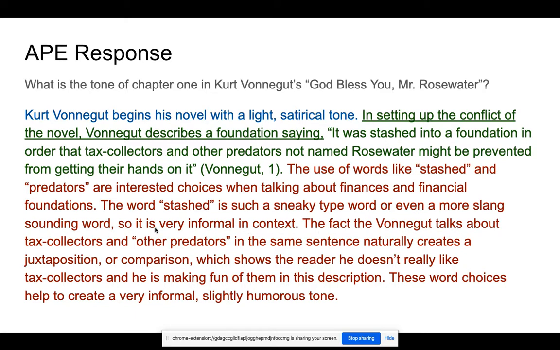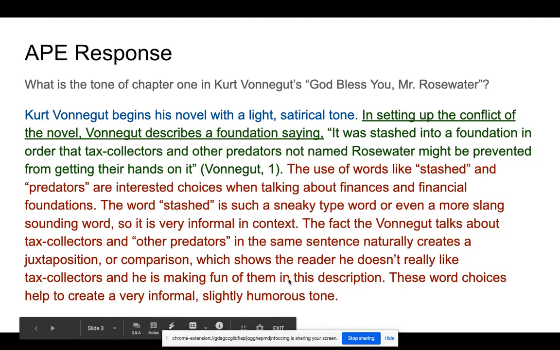The fact that Vonnegut talks about tax collectors and other predators in the same sentence naturally creates a juxtaposition or comparison, which shows the reader that he doesn't really like tax collectors and he's making fun of them in this description. These word choices help to create a very informal and slightly humorous tone.